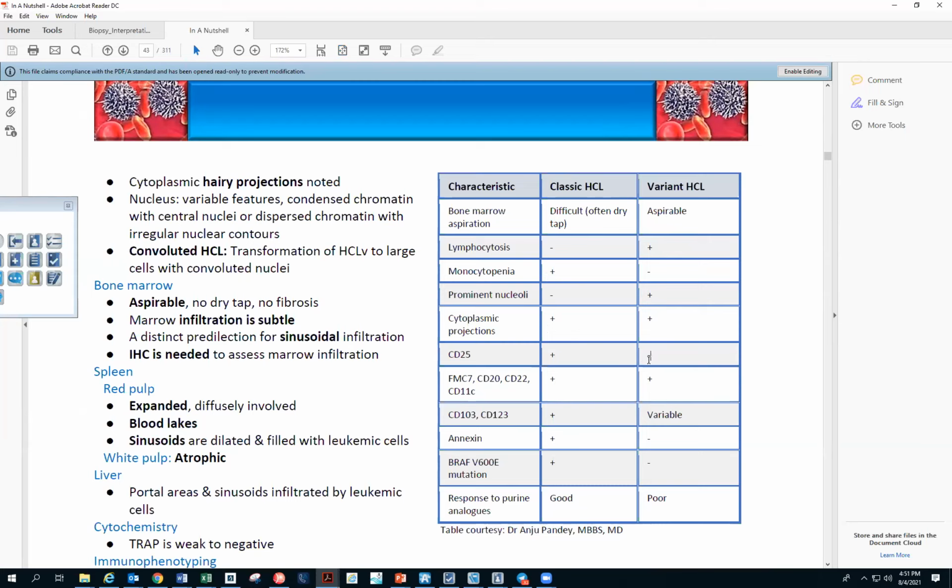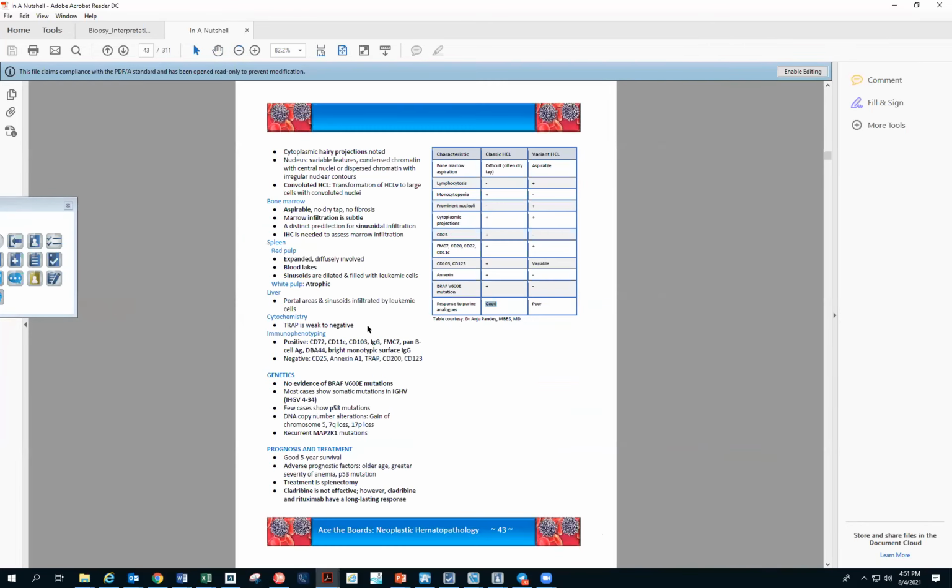CD25 negative is variant, and then CD103, CD123 can be variable in case of variant. Annexin is negative, and then these B cell markers and CD11c is kind of non-specific, so it will be there. BRAF will be there in classical, will not be there in the variant. And again, the prognosis for this one is good because of the response to purine analogs, and this one is poor.